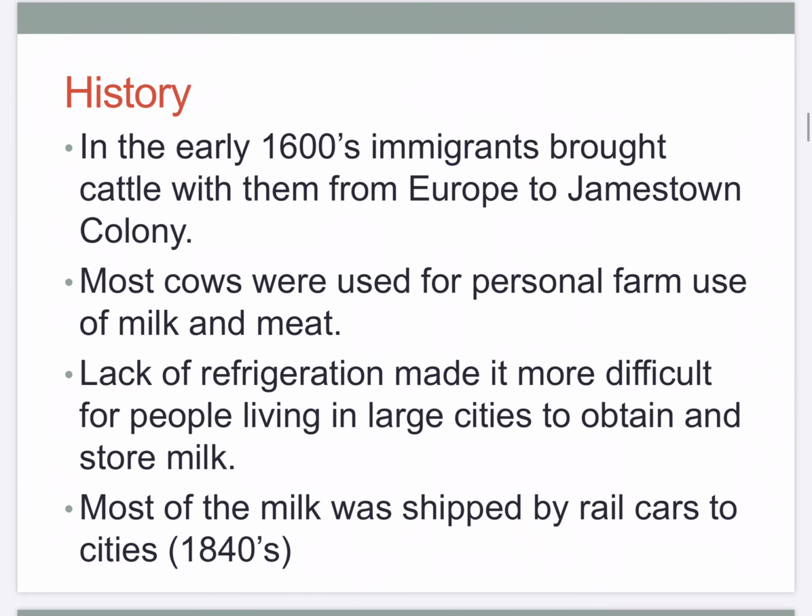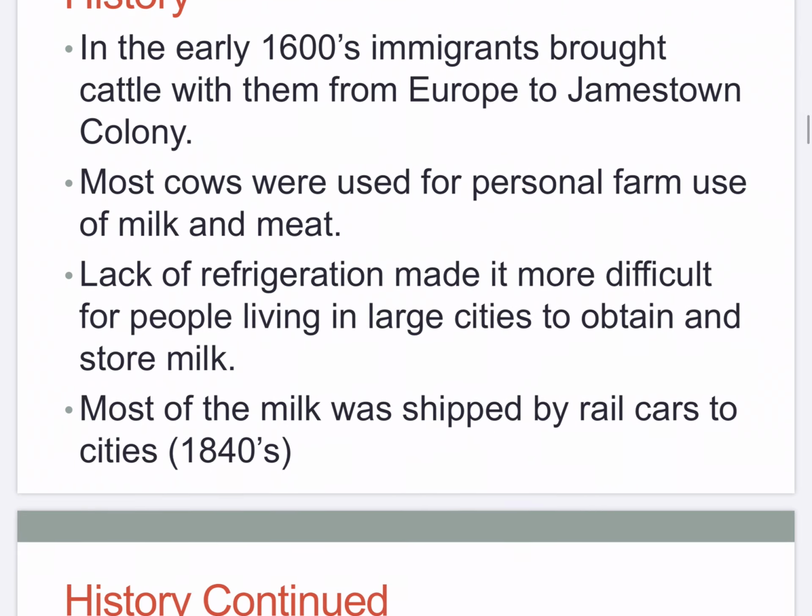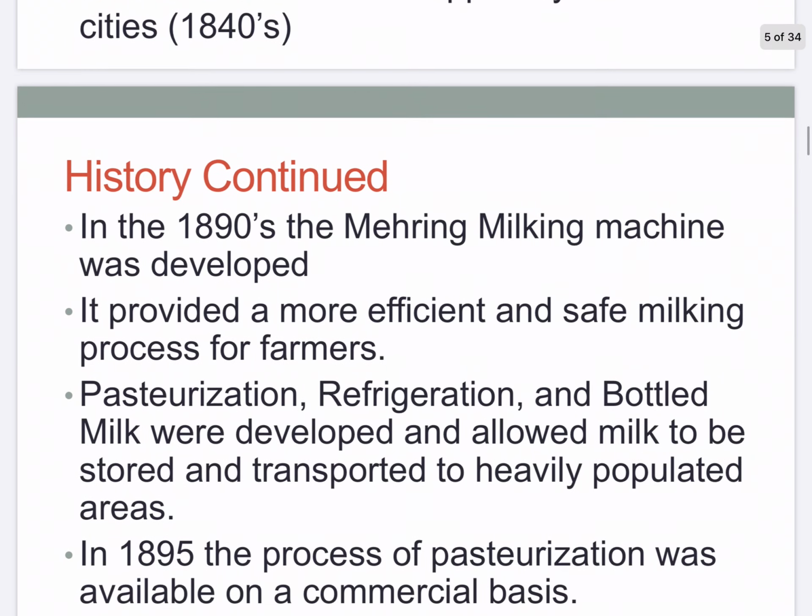Here's the history. In the early 1600s, immigrants brought cattle with them from Europe to Jamestown colony. Most cows were used for personal farm use of milk and meat. Lack of refrigeration made it more difficult for people living in large cities to obtain and store milk. Most of the milk was shipped by rail cars to cities in the 1840s.